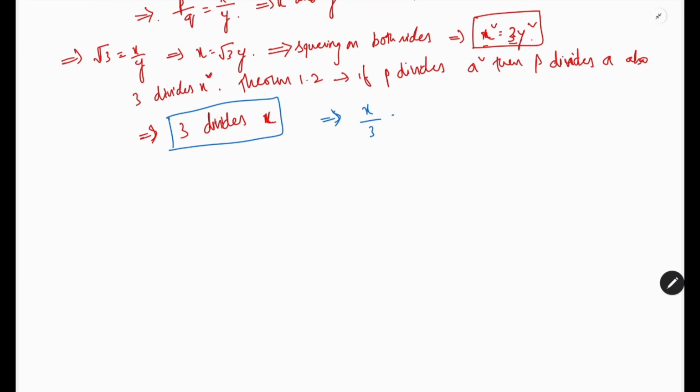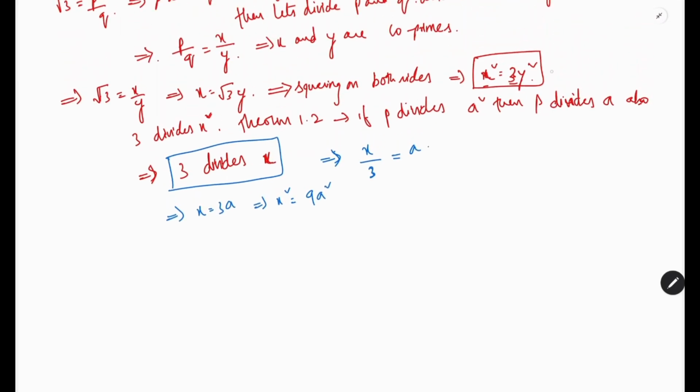So let us take this as A. Here X is equal to 3A. When you square on both sides, X square equal to 9A square, since 3 square is 9. Substituting X square is 3Y square, 3Y square equal to 9A square.